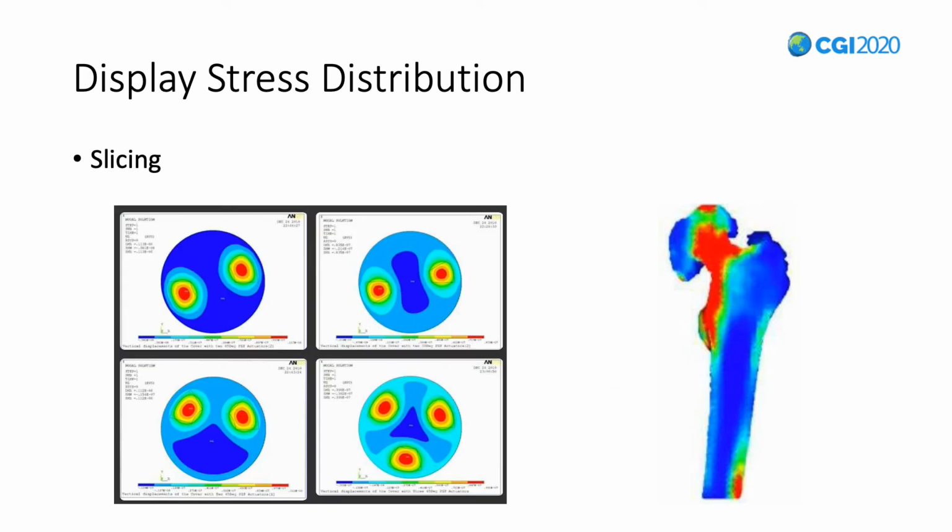Therefore, a typical way to deal with the 3D volumetric data is to cut the 3D model into 2D slices and only show the data distribution on 2D slices. However, it is not effective to frequently specify the cutting planes and switch between different slices to perceive the 3D data.